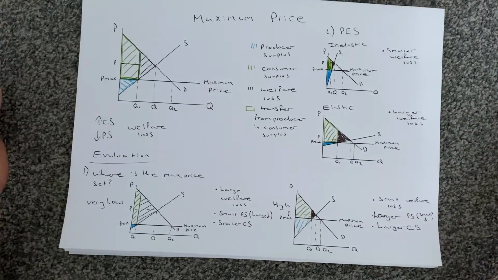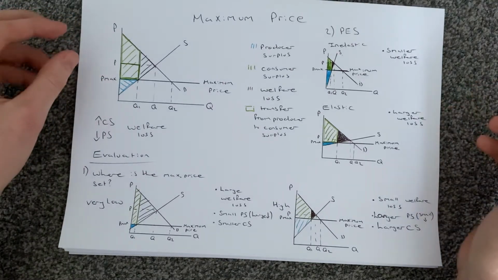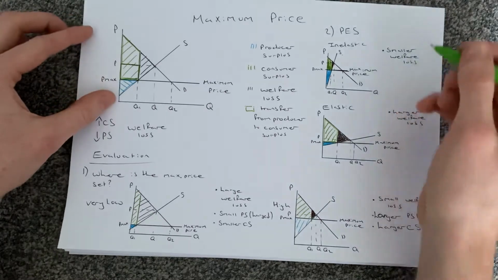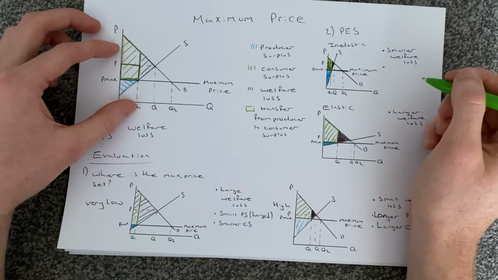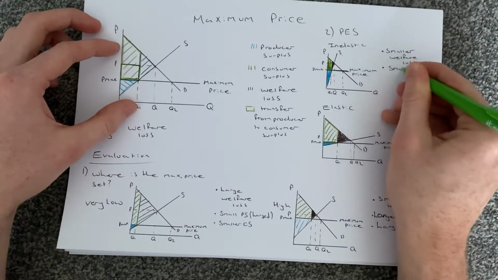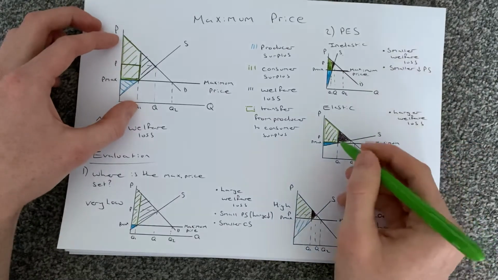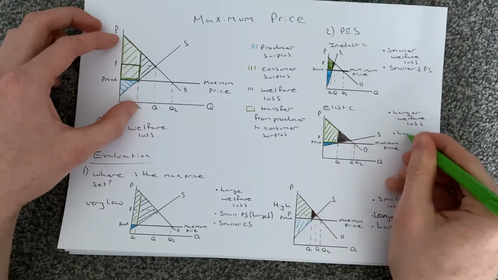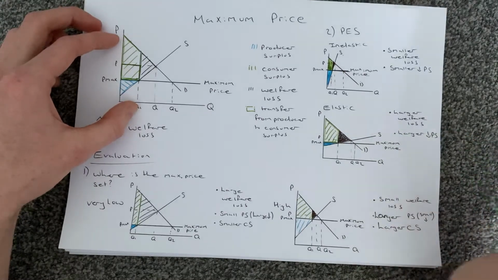And then we want to be considering the impact upon producer and consumer surplus. With regards to the price elasticity of supply being inelastic, we see a smaller decrease in producer surplus, whereas here we see a larger decrease in producer surplus.